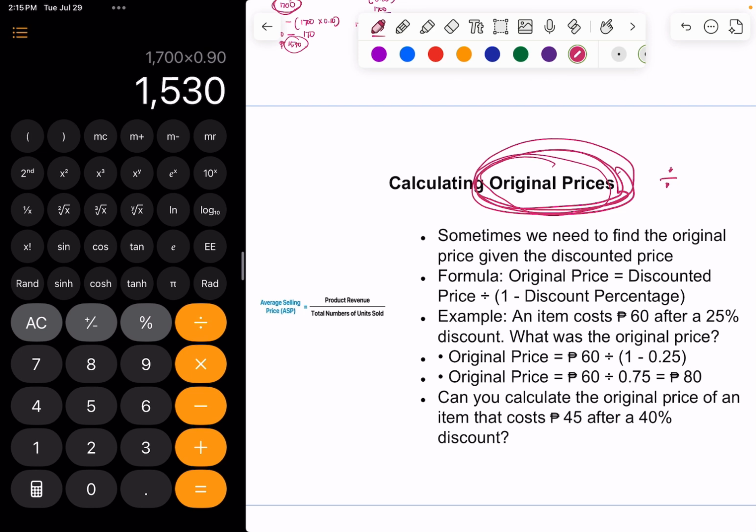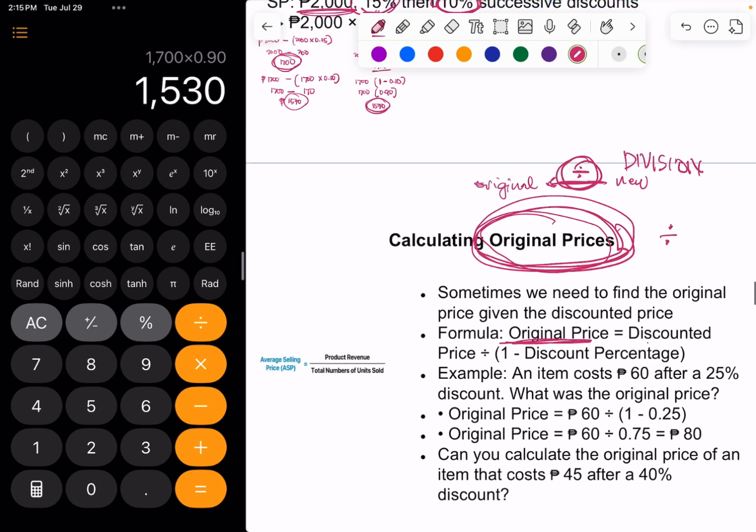Basta gikan sa new price, pabalik sa original price, ang gamiton nato nga process kay division. Okay, for this case, ani ang formula. To get the original price, divide the discounted price by 1 minus discount percentage.